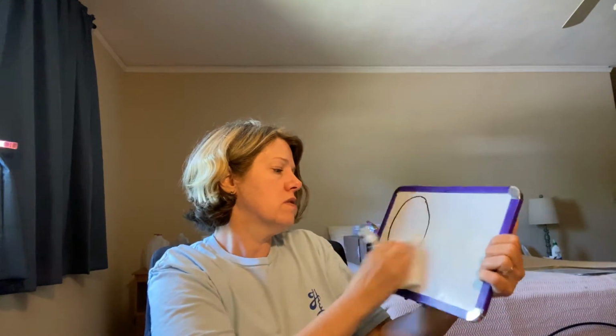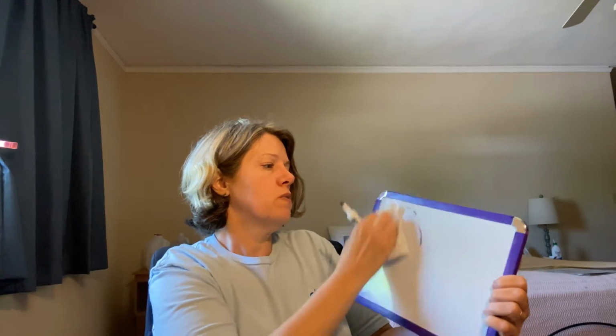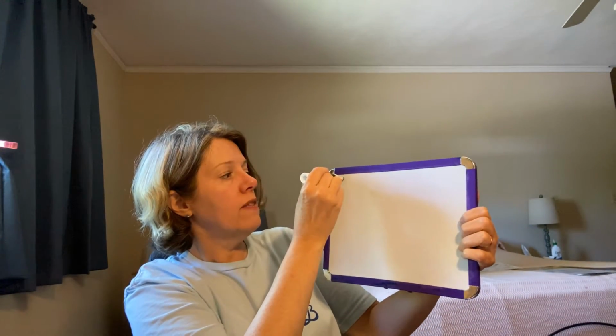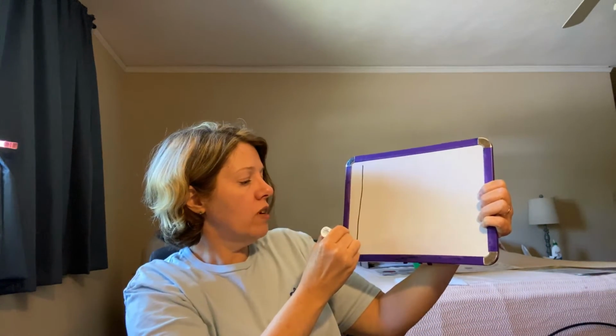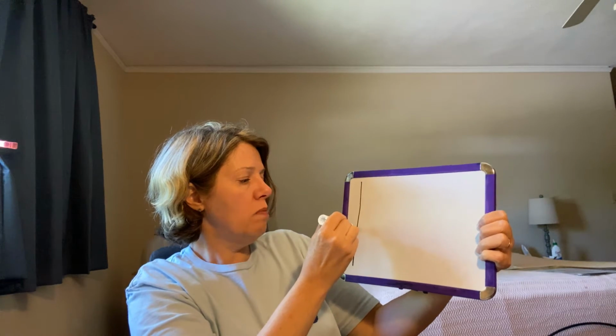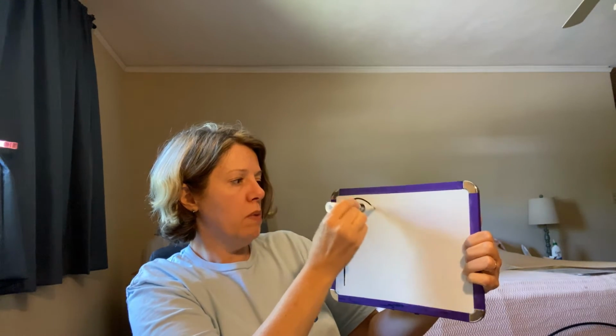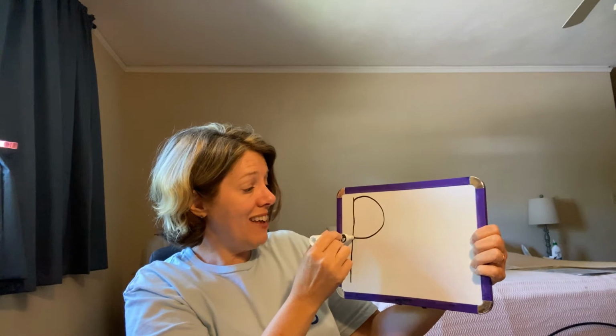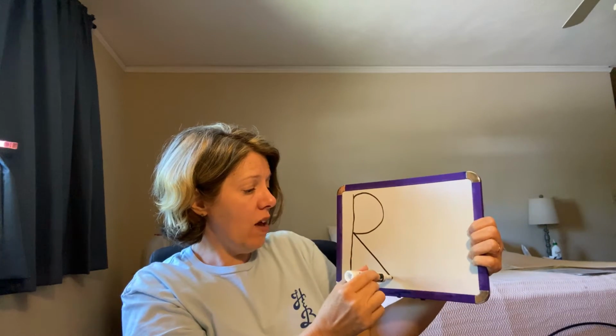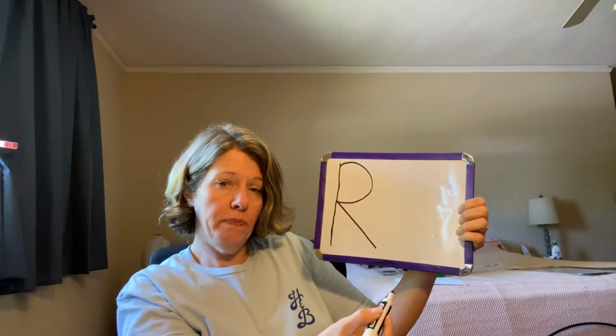All right, and now we're going to do the R. And remember, R is one that you can kind of do with your body. Do you remember that? All right, so you start on the left side, go straight down, and it starts out just like a P. Beep, beep, beep. Bubble at the top. But then it has a leg that kicks out on the bottom.